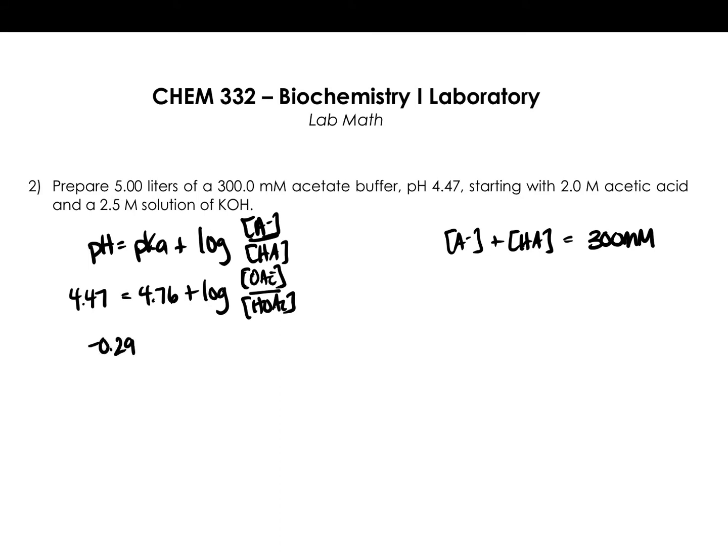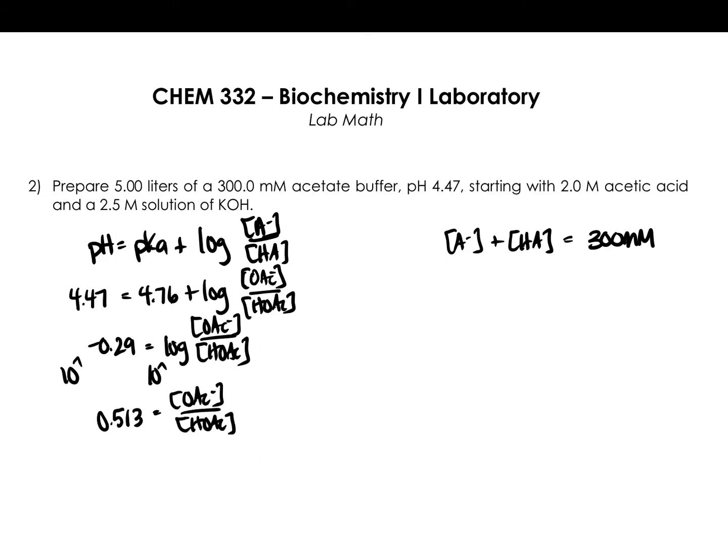Negative 0.29 is going to be equal to the log of OAc- over HOAc. Taking 10 to the power of both sides will allow us to simplify this, and we get the ratio is 0.513. It's the concentration of acetate over acetic acid.